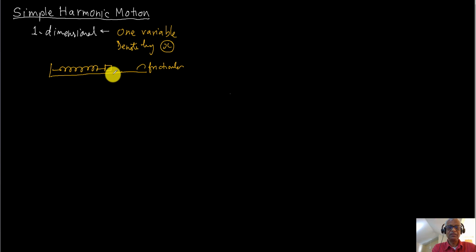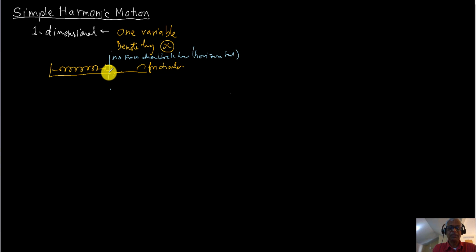The way we describe X is, at some point there is no force on it. There is a place where the block has no horizontal force. Of course there's gravity and a normal force, but no net horizontal force, and no net vertical force either.